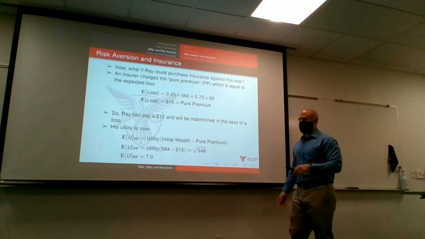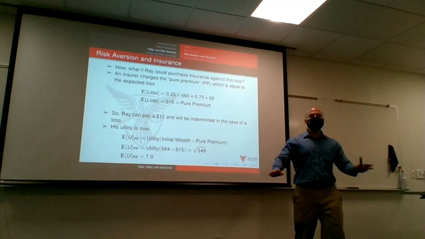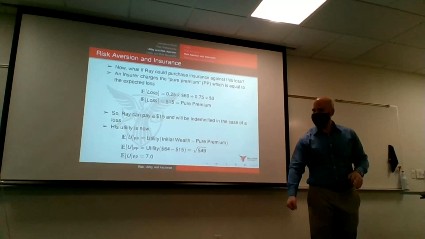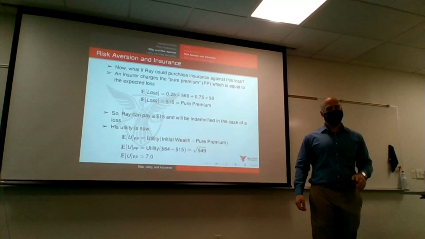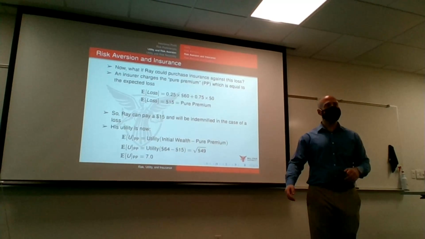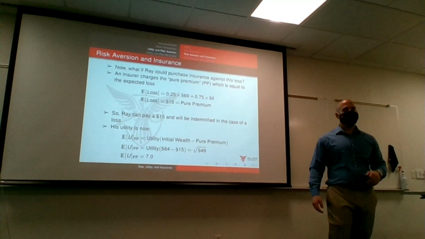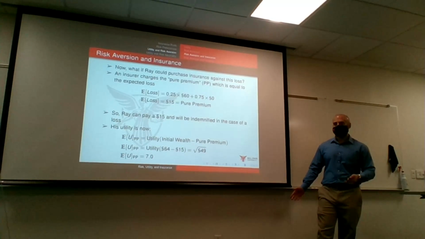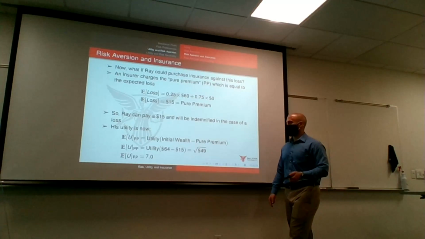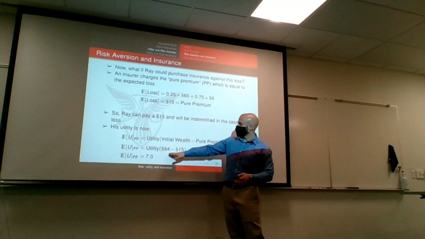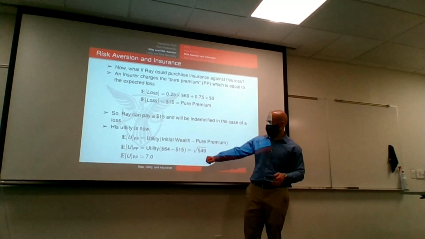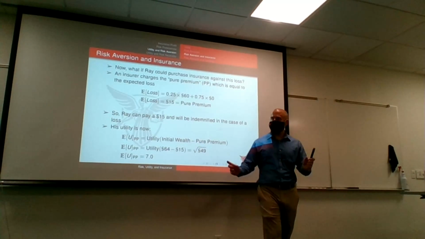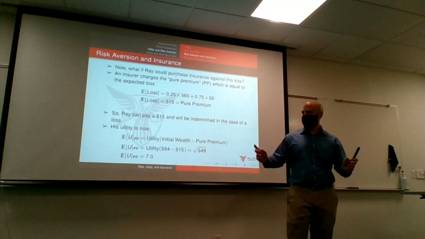So what is his utility? Well, no matter what, there's no uncertainty, no waiting. He's always going to have $49. So 64 less 15. The square root of 49 then would be 7. Now, if we want to focus on semantics here, what is really happening is that he does have two states, a loss and a no loss state.